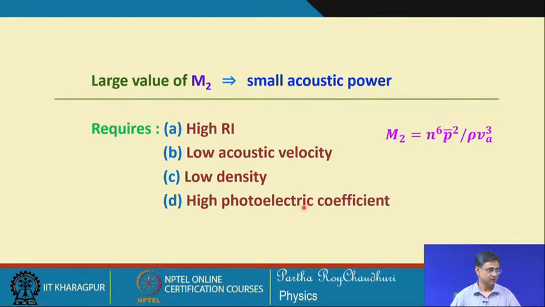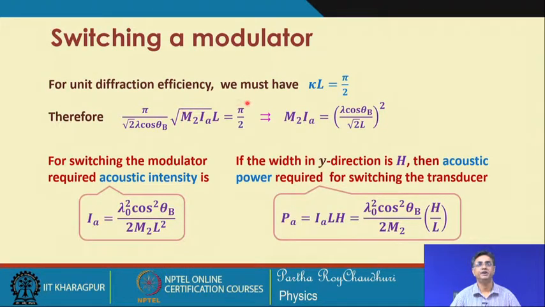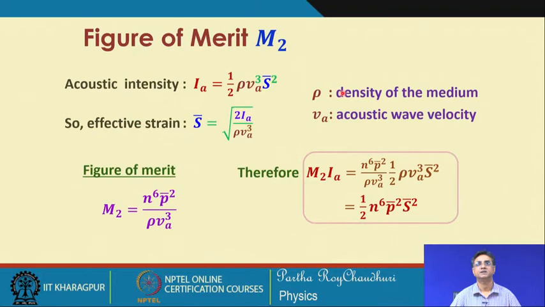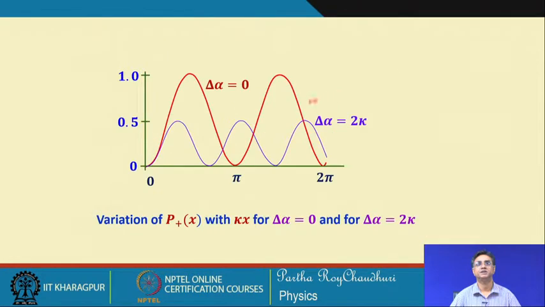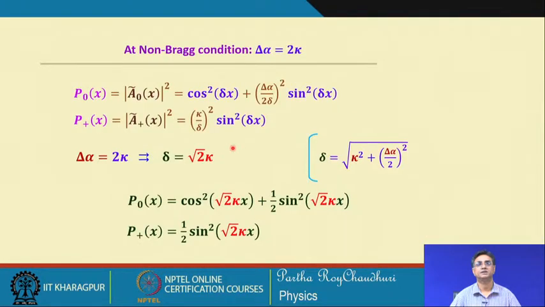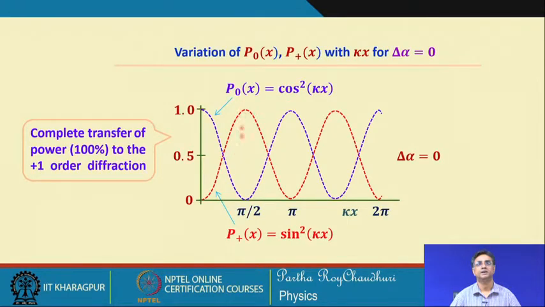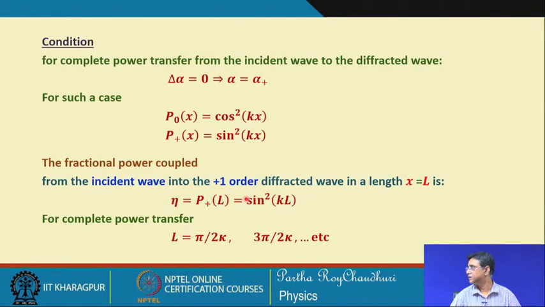This should be photoelastic coefficient, that was a mistake. So, for unit diffraction efficiency we must have kappa into L equal to, we have seen, if you go back and see the power variation for diffraction efficiency to be 1, this happens at a minimum value of pi by 2, it could also be 2 pi by 2. These are the positions where the diffraction will be maximum to the plus order, and there is no intensity available in the 0th order.